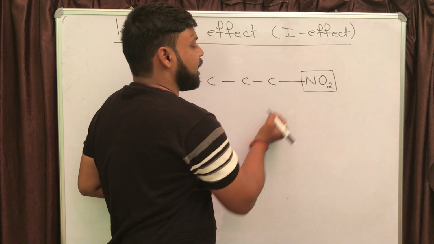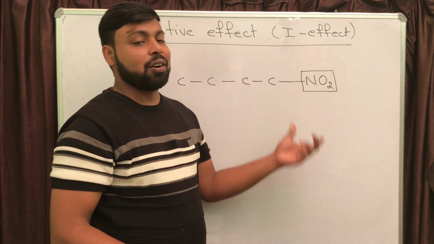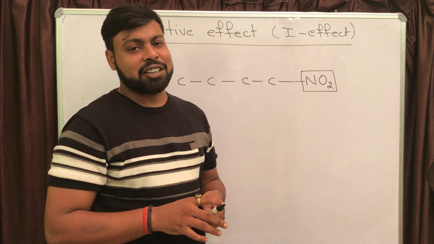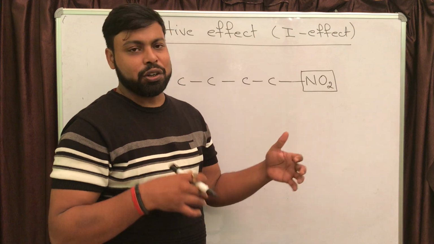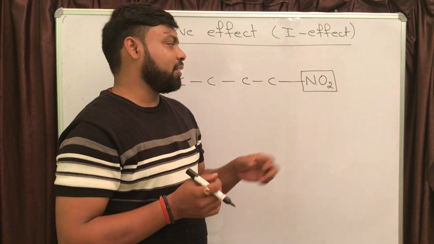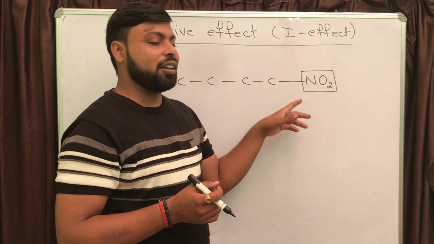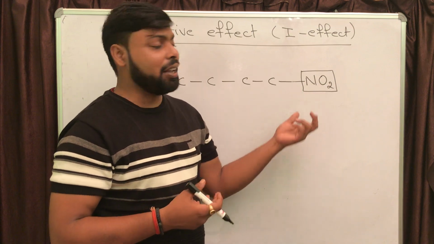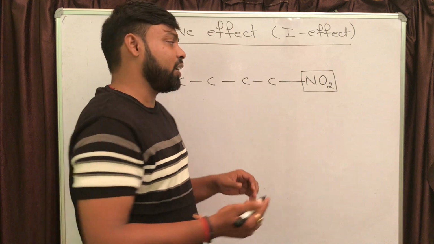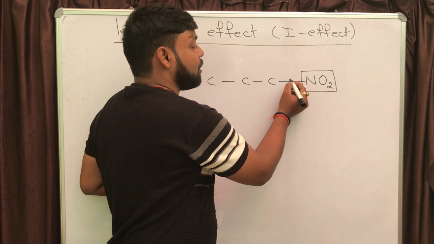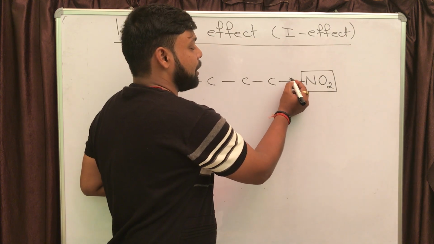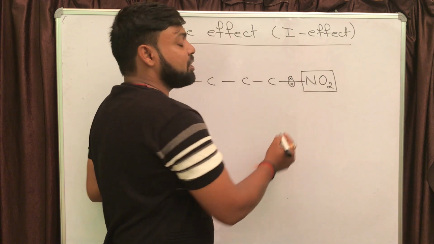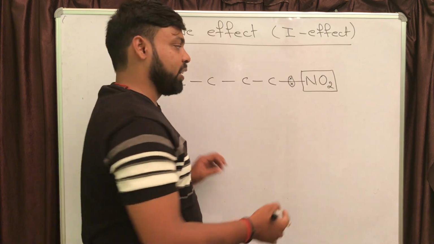When we form a covalent bond between two atoms, our expectation is that each atom shares one electron, and the pair of electrons is in between the atoms. But if any atom has more electronegativity, then the pair of electrons will be shifted towards the more electronegative atom.